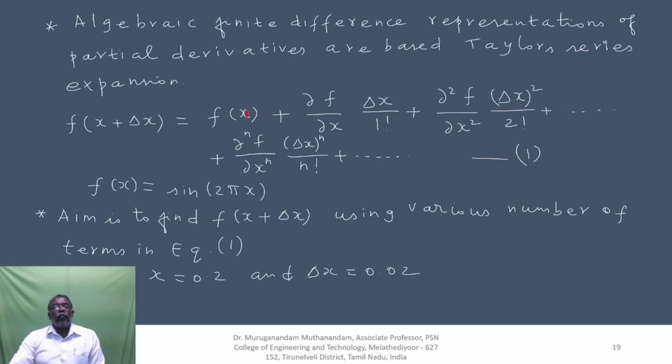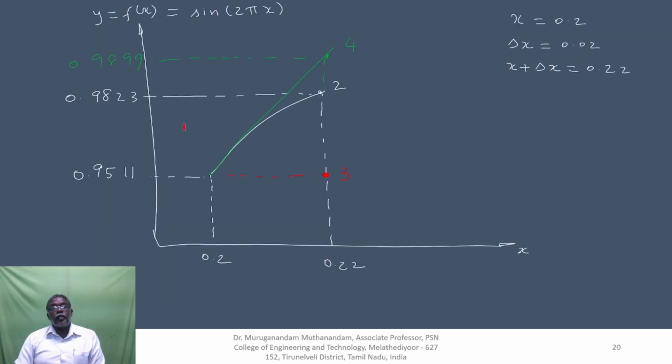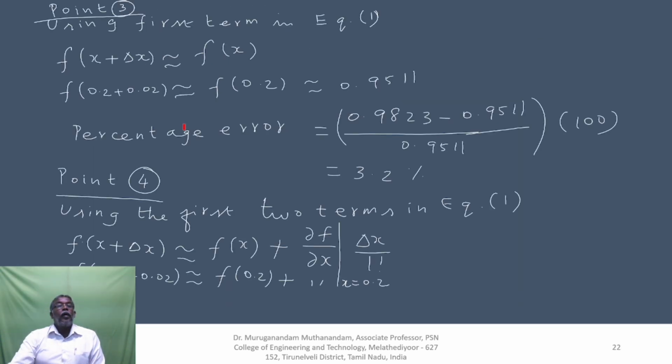We have neglected the second term, the third term, the fourth term, up to the nth term, an infinite number of terms. We have taken only the first term in this series expansion. Hence, instead of the equal sign, we use the approximate sign. F of x plus delta x is approximately equal to f of x, because we have neglected the terms from the second term on the right hand side.